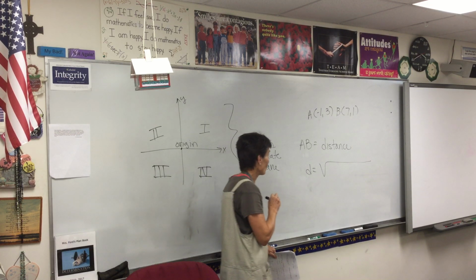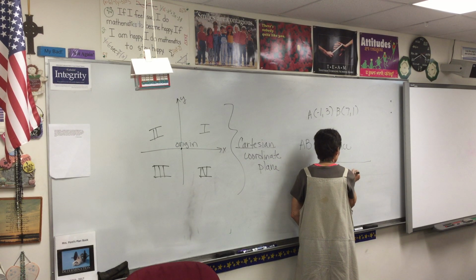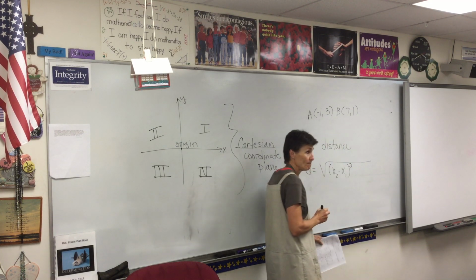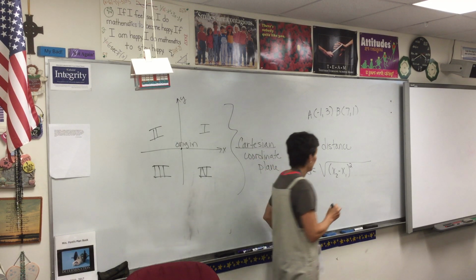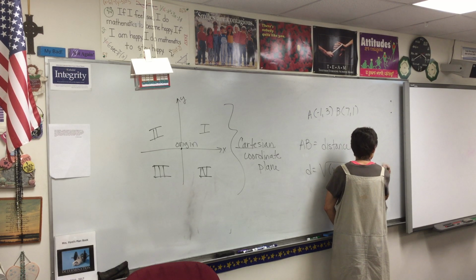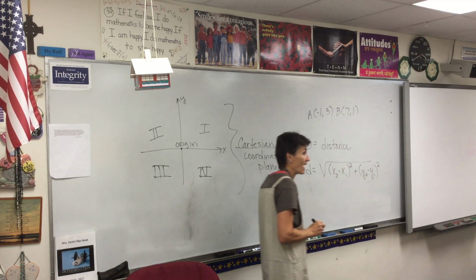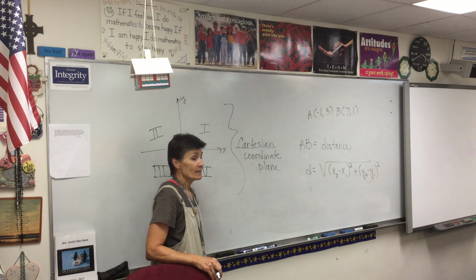But the distance formula says you take your x's and you subtract them and square that. And then you take your y's and subtract them and square that. And then we add those 2 things together and take the square root.